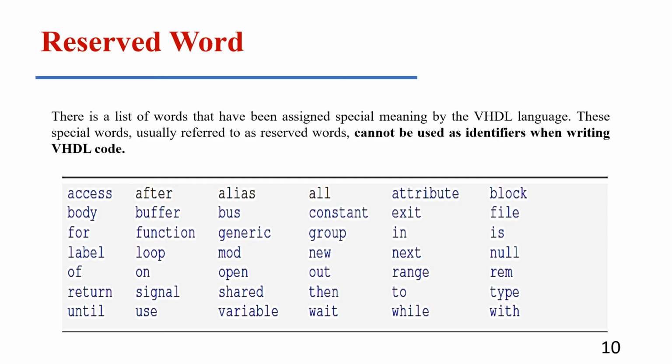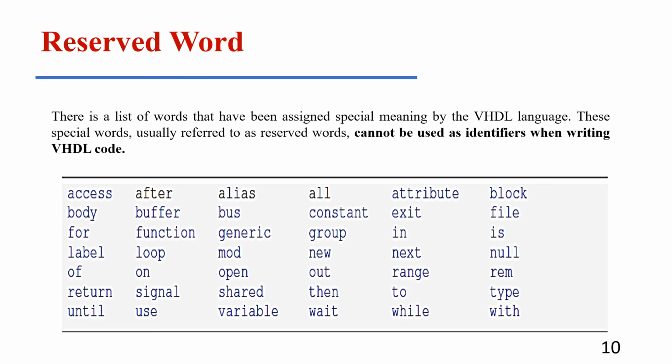There is a list of words that have been assigned a special meaning by the VHDL language. These special words are usually referred to as reserved words and can't be used as identifiers when writing VHDL code.